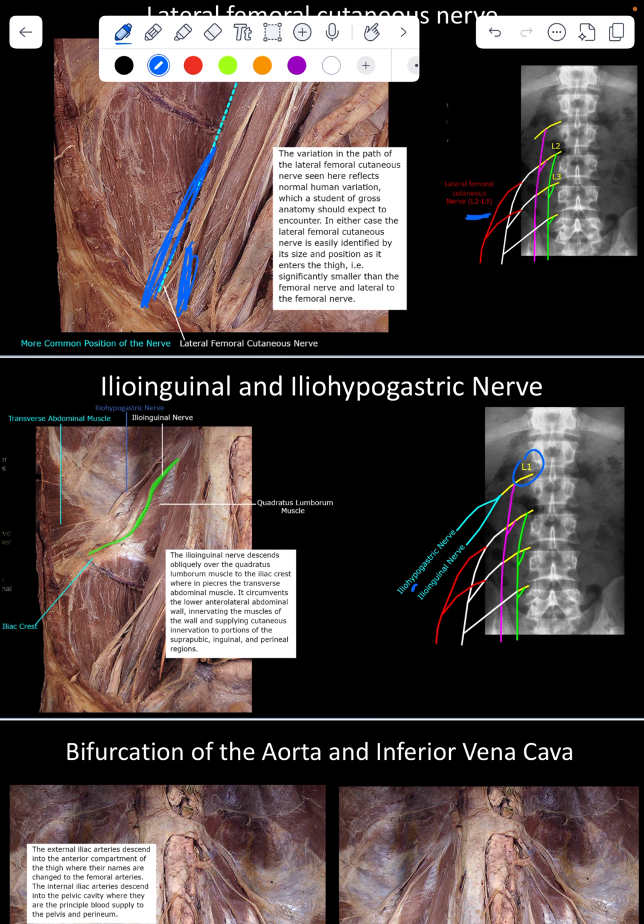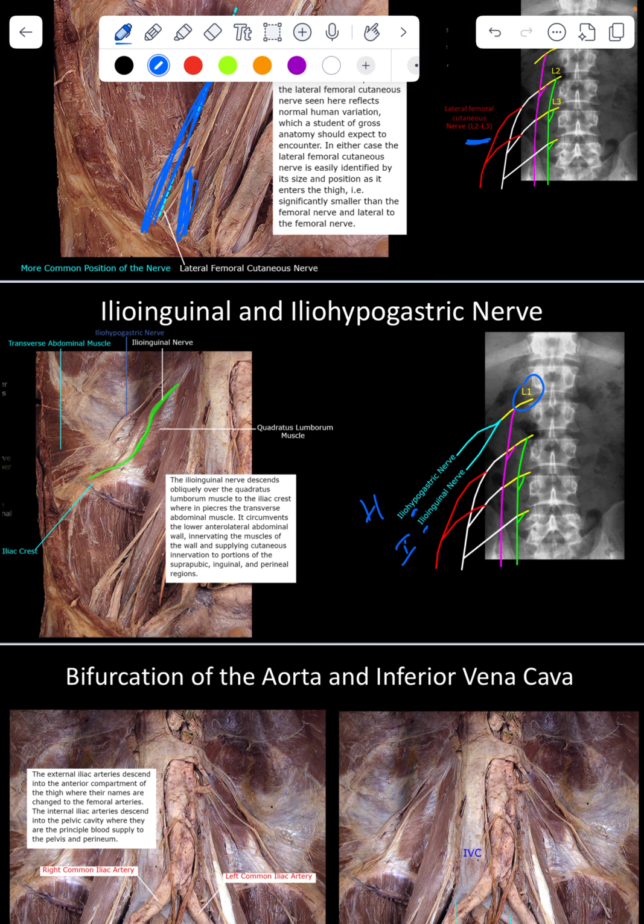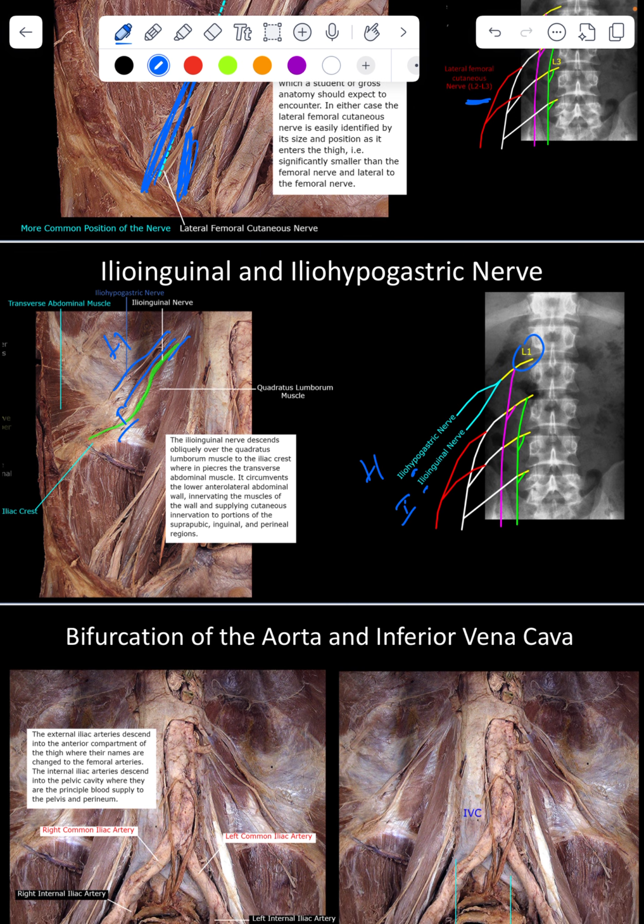It goes H, then I. So in the alphabet, H comes before I, or just remember, you're saying hi. And the ilioinguinal nerve technically runs anterior to the quadratus lumborum. So if you want to differentiate them even more, but as long as you see 2 nerves coming off of the same thing, it's going to be the H and then the I.